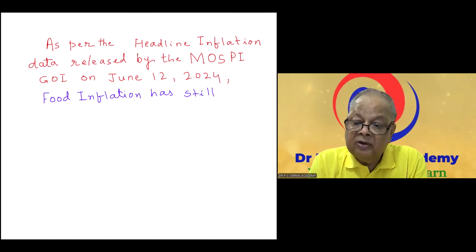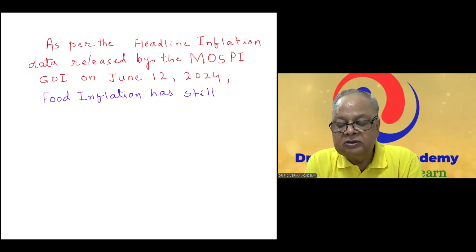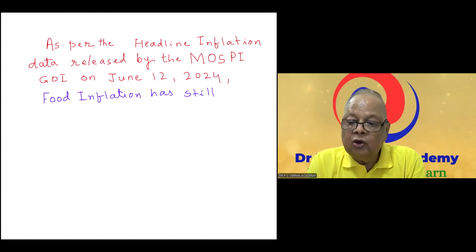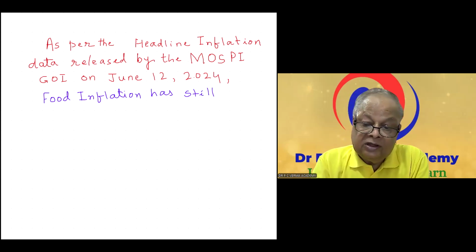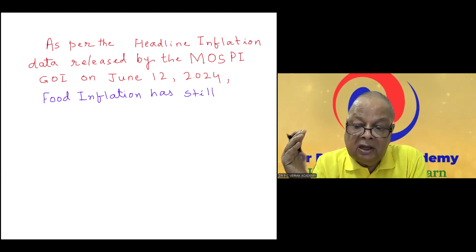an increase in private consumption. And this is a very important point in economics: if the economy is really robust, then everyone should have the capacity to buy anything which is for their use. And what is found in India?